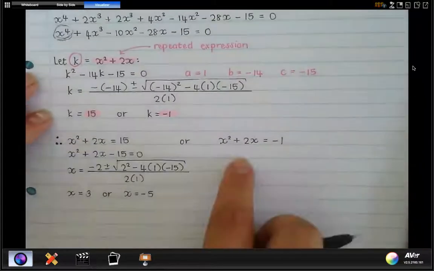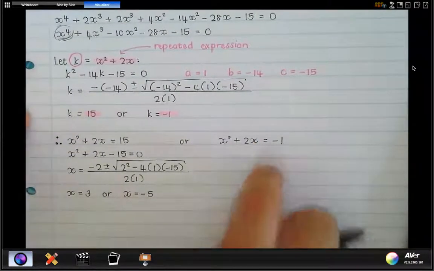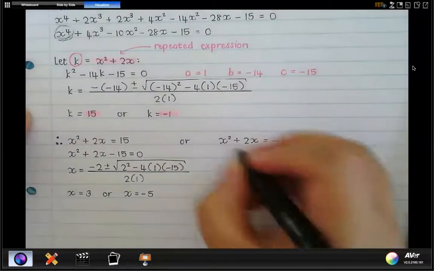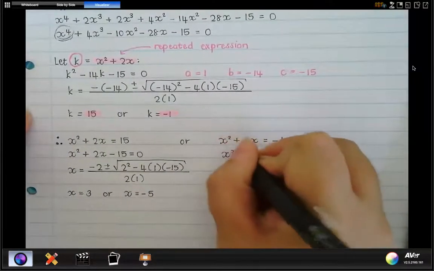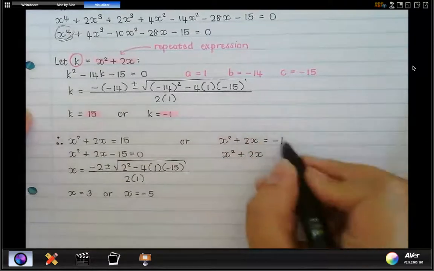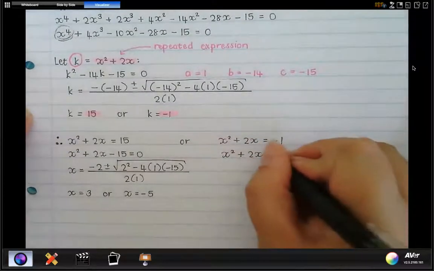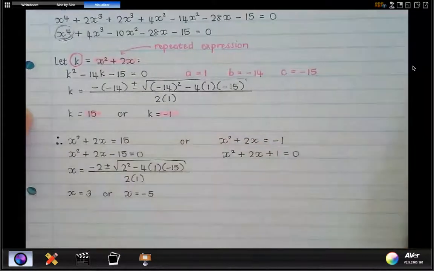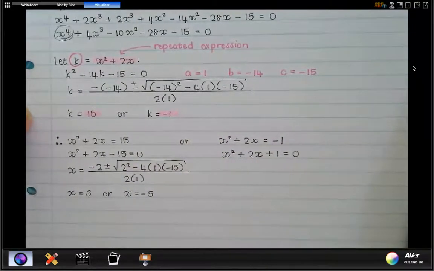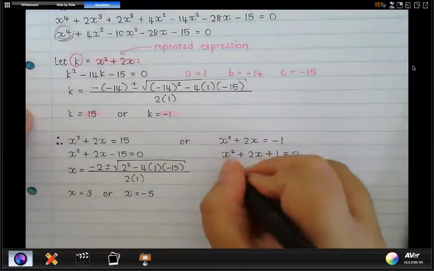So here we're going to solve this equation again, and that will give us the other answers. We need to do x squared plus 2x. Now this minus, when we move it over, will become plus 1. Again, you can factorize this equation if you want, or you can use the quadratic formula.